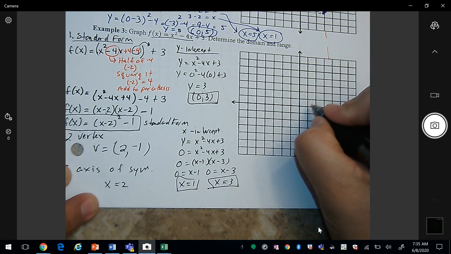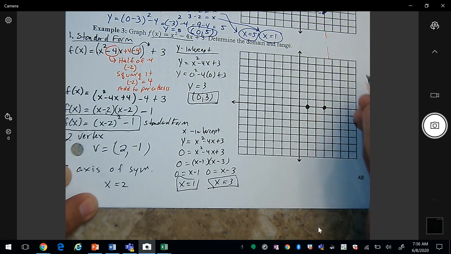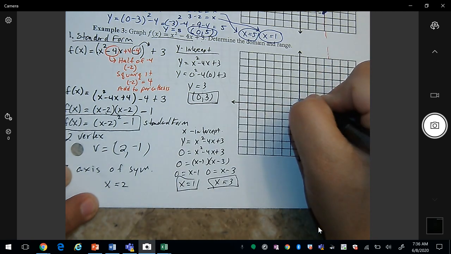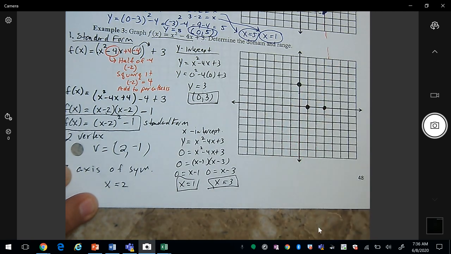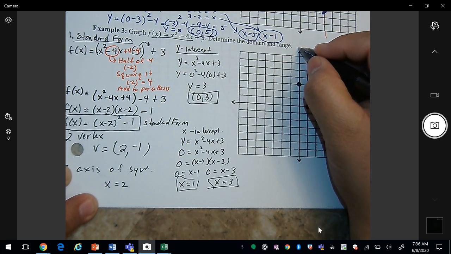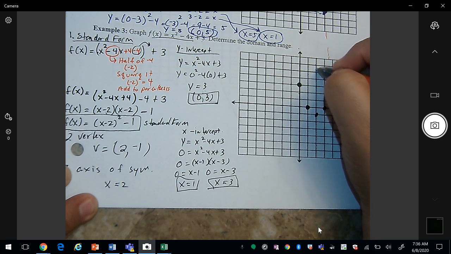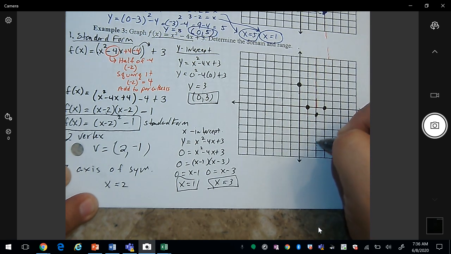So here I have x equals 1, x equals 3. My y-intercept is 0, 3. My vertex is 2, negative 1. So I'm going to graph here. My axis of symmetry is this dotted line.